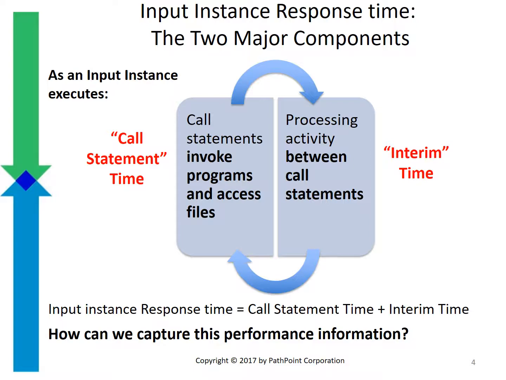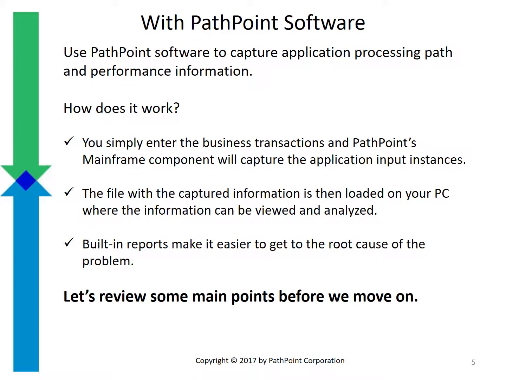How can we capture this performance information? We use a tool called PathPoint from PathPoint Software to capture application processing path information, including performance information, for input instances as they execute on the mainframe. All you have to do is enter the business transactions you are working on, and PathPoint's mainframe component will capture the application processing paths for the respective input instances.